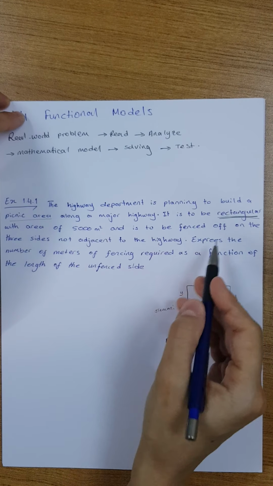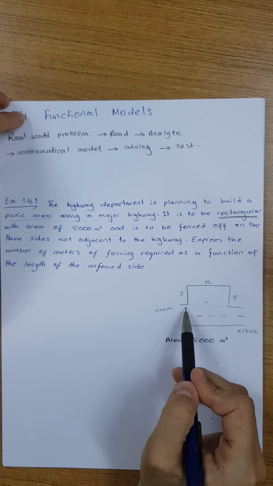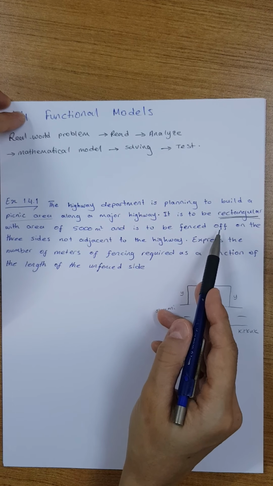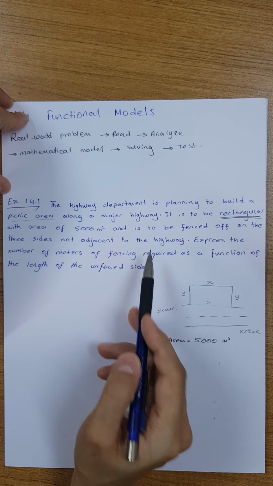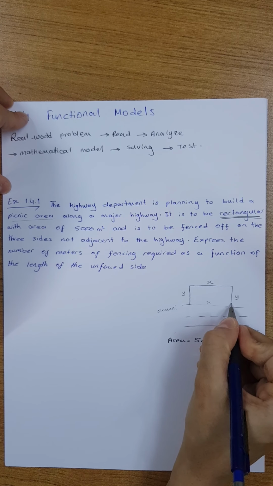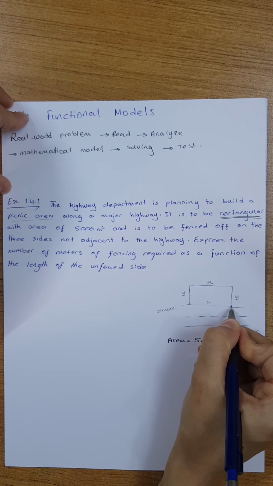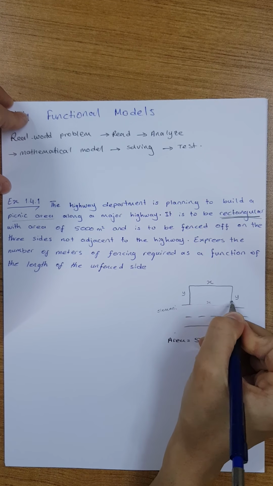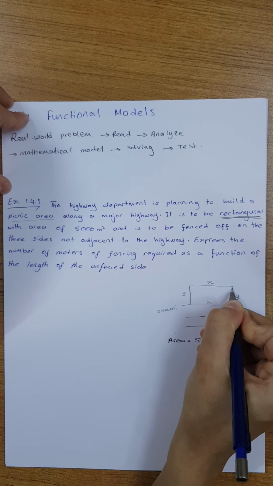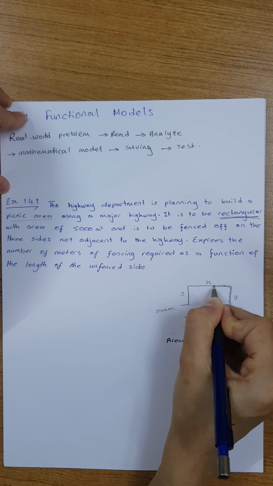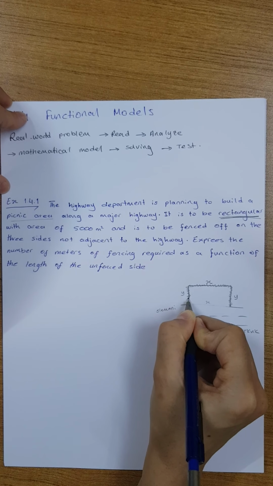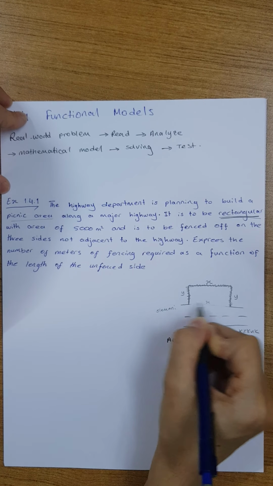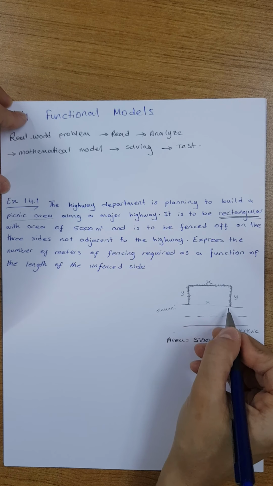It says this rectangular shape, this picnic area, is to be fenced off on the 3 sides, not adjacent to the highway. So they are planning to fence this picnic area on 3 sides: this side, that side, and this side, but not that side, which is on the highway.